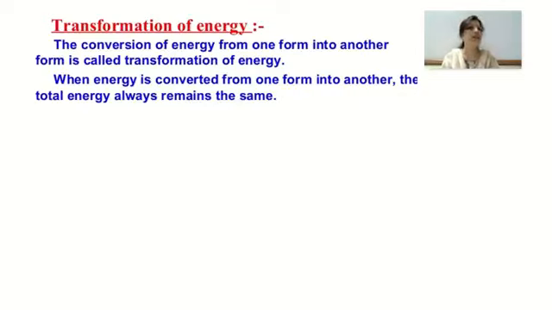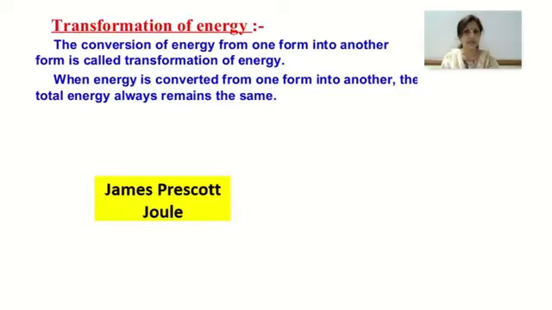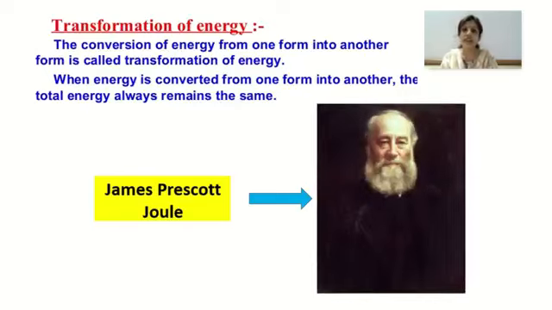This is a very important thing which was first put forward by James Prescott Joule, who studied the nature of heat and discovered the relationship of heat with mechanical work. This discovery of the relationship between heat and mechanical work led to the law of conservation of energy.